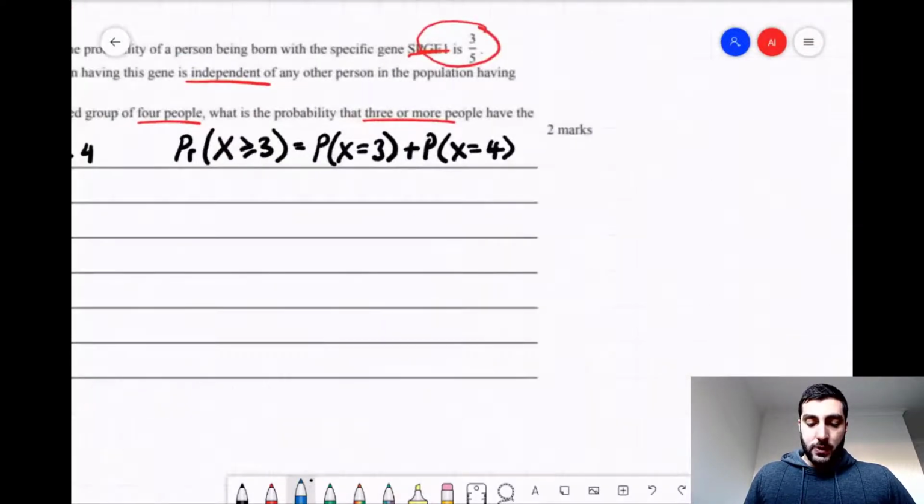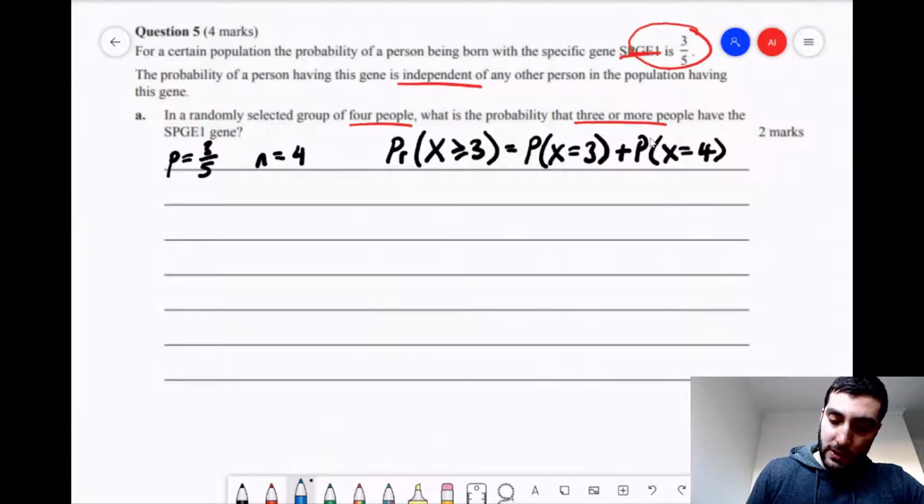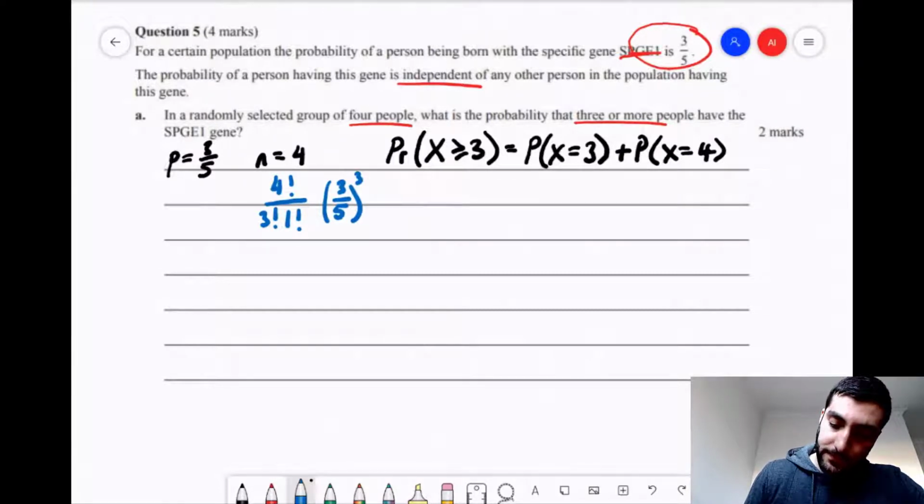Great, so jumping back to this question here, we can work this out just by substituting in these numbers. We've got the probability, we've got n, we've got everything that we need to complete this question. So from here, n choose x, we know it's going to be 4 factorial over 3 factorial times 1 factorial, and then we're going to have that probability, p, which is 3 on 5, to the power of x, which is 3, and then 1 minus that probability, so 2 on 5, to the power of n minus x, so that's 1.